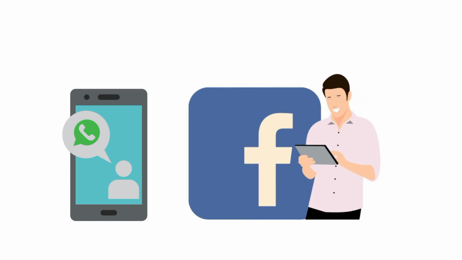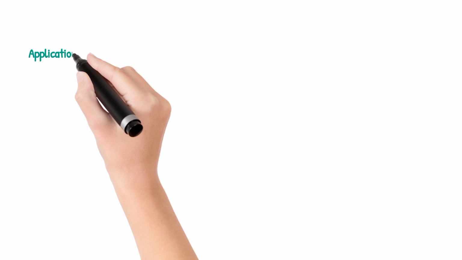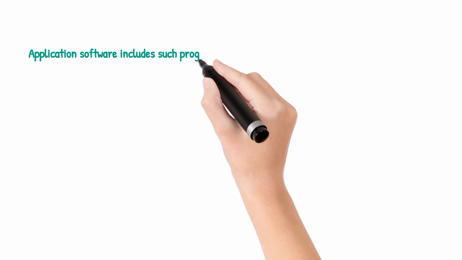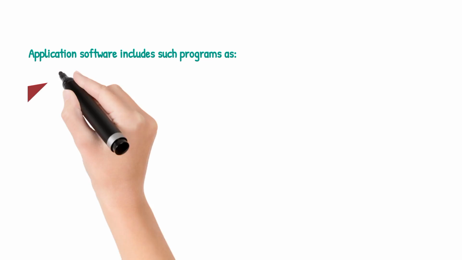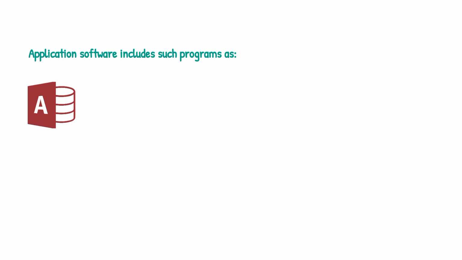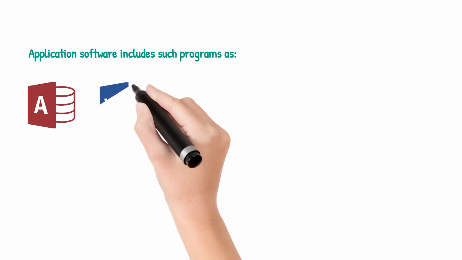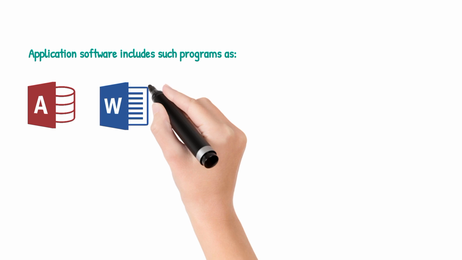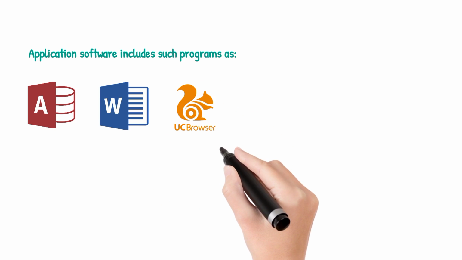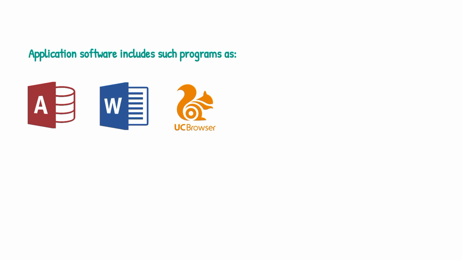So now, application softwares may include programs such as the database programs, which may include Microsoft Access or the WAMP server. We can talk about the word processor. We can talk about web browsers. Examples of web browsers might include Firefox, UC Browser, or Internet Explorer.